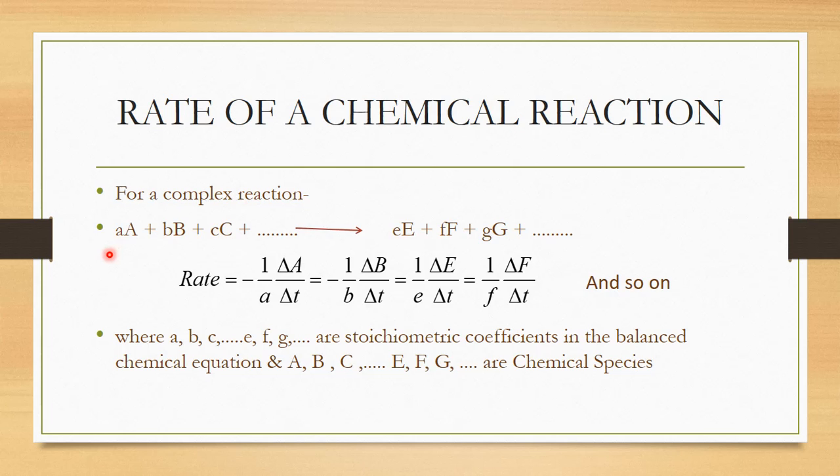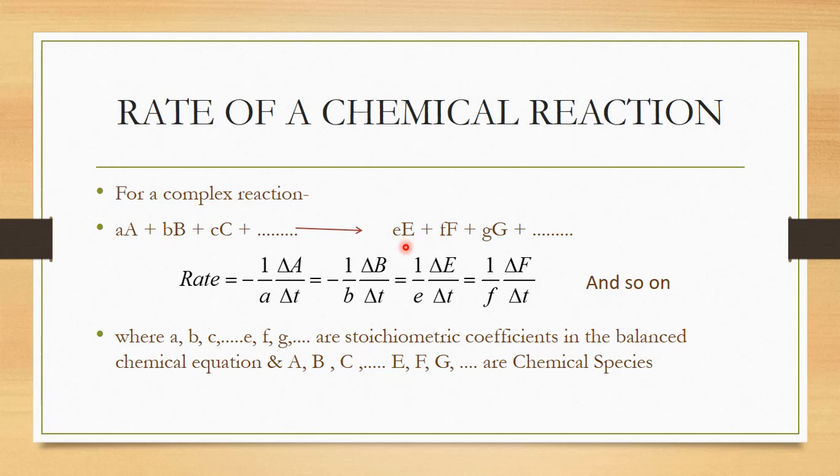Now in this case, how will you write the rate of reaction? If you compare the rate of disappearance of A with the rate of appearance of E, what will be? The time in which a moles of A will disappear will be equal to the time in which e moles of E will appear.